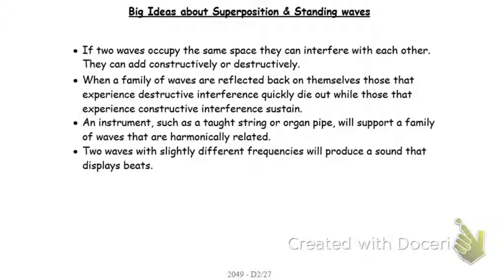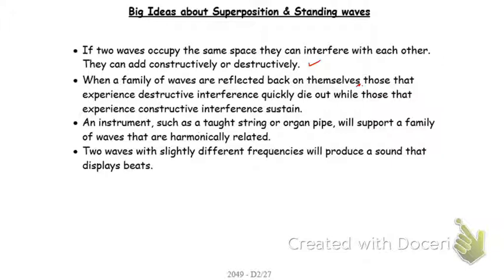So what are we talking about? We're talking about when we get two sources of wave energy, or one source reflected back on itself. If two waves occupy the same space, they can interfere with each other. They add constructively or destructively.